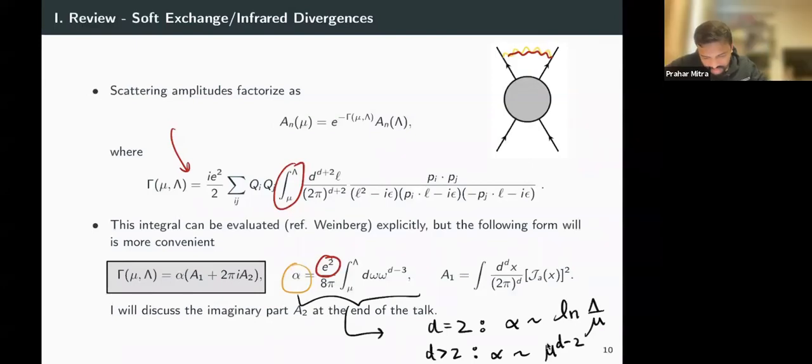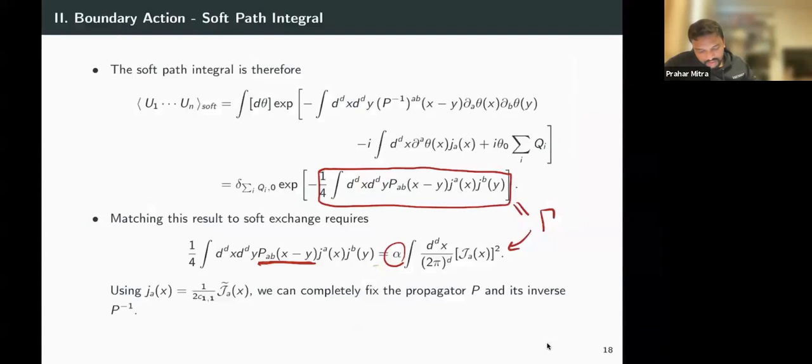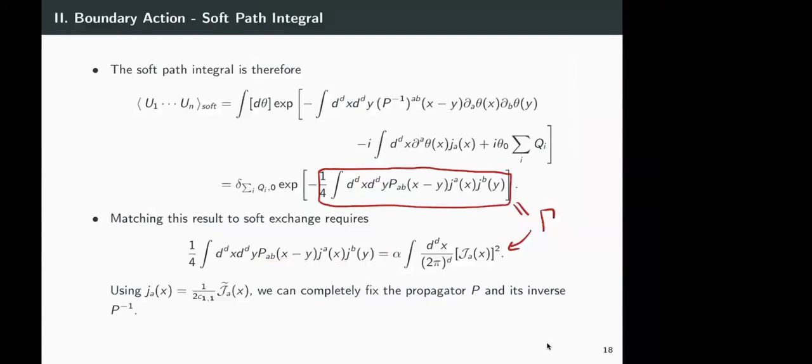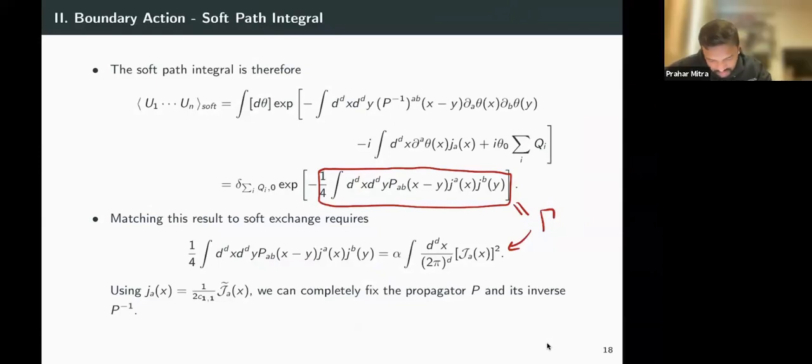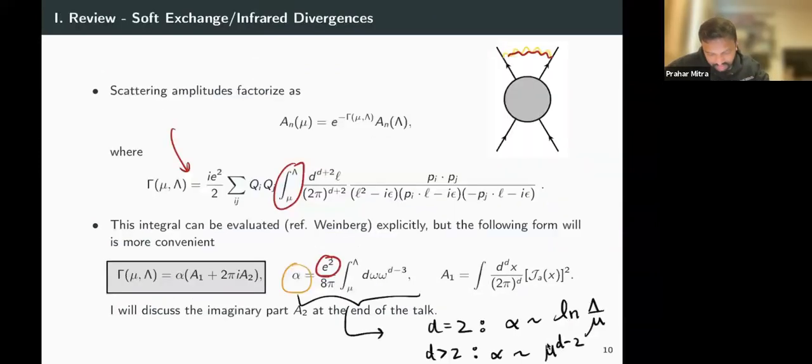Okay. Where are we? Here. Okay. So I just need to match up both sides. So the thing is, why should gamma be the integral of J squared? That's because of this calculation right here.